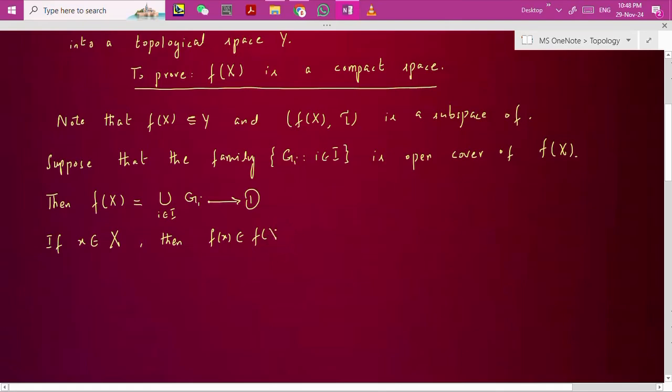This is the capital X, and this is equal to the union of G_i, i belongs to I. By using (1), f(x) is equal to the union of G_i.